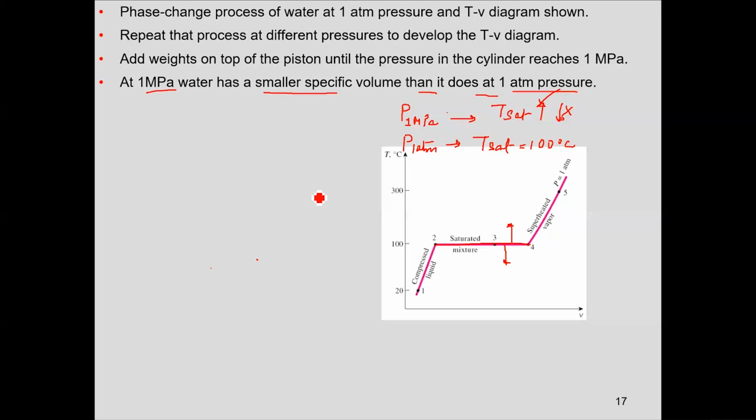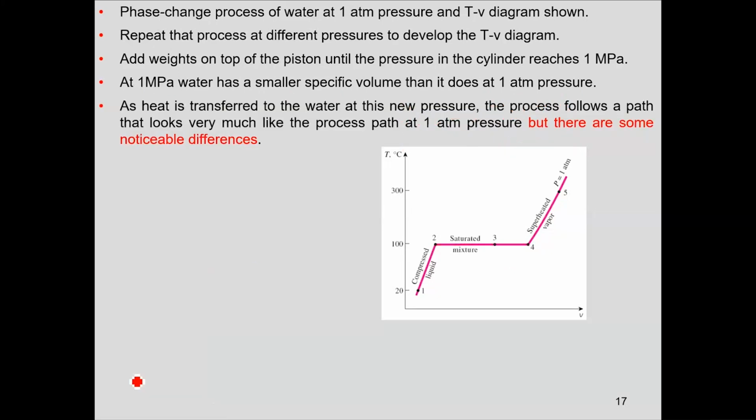Another thing is that as heat is transferred to water at this new pressure of 1 megapascal, the process that follows is very much like the process at 1 atmospheric pressure, but there are some noticeable differences. One, you have already seen that the specific volume at state 1 would be less.